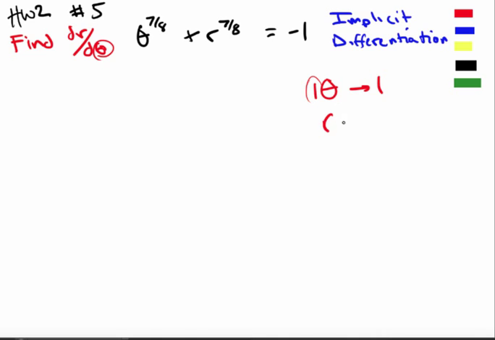But for r, the derivative won't be 1, but rather it will be another variable, r prime. And r prime is simply equal to dr over d theta.